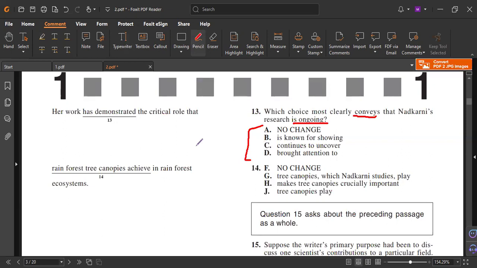So if I say here, "her work has demonstrated," you already explained that. Here is no, but here "continues to uncover." So continue means it's going on. So letter C is the best answer from A and B and D, because it tells the continuous, meaning ongoing. So it must be letter C.